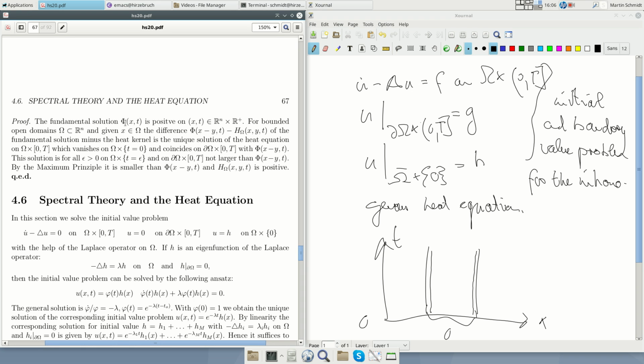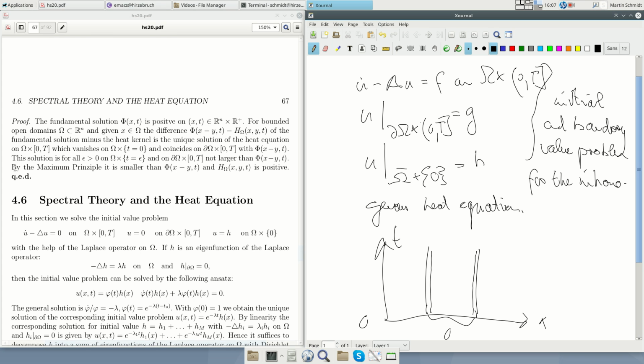Okay, the fundamental solution is clearly positive, and then the difference of the fundamental solution minus the heat kernel is the unique solution of the homogeneous heat equation, which vanishes on the slice at t equals 0 and coincides with the fundamental solution on the boundary.